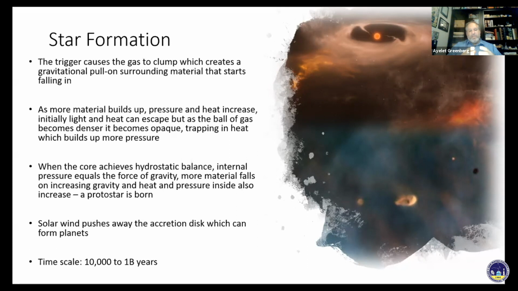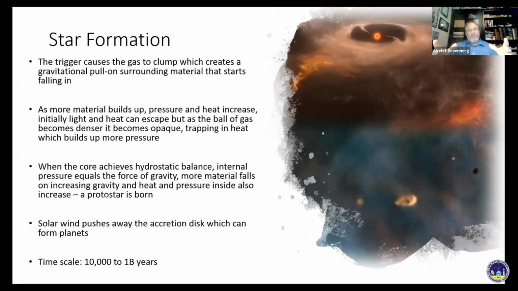Now, what is also interesting is as this ball of gas is getting hot and it's starting to stream away particles, what we call a solar wind, it's starting to push away some of the material that was initially trying to fall onto it. This material will form a disk around the protostar. And this disk is what we call the protoplanetary disk.